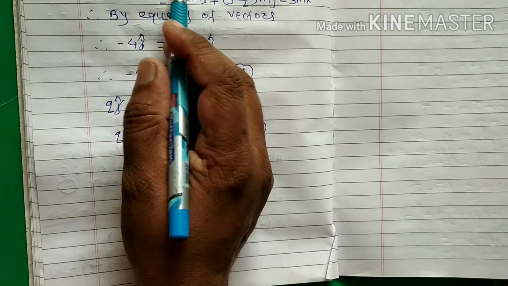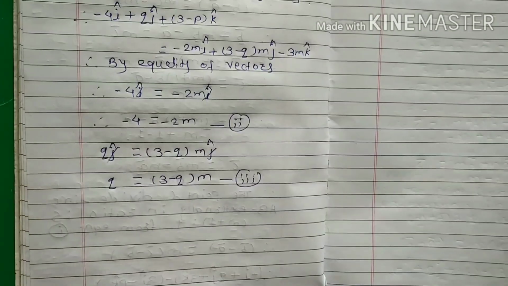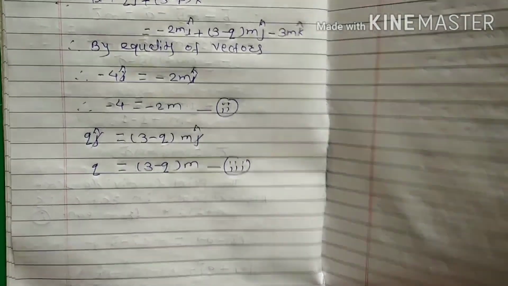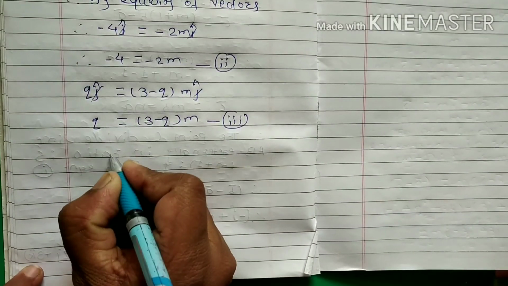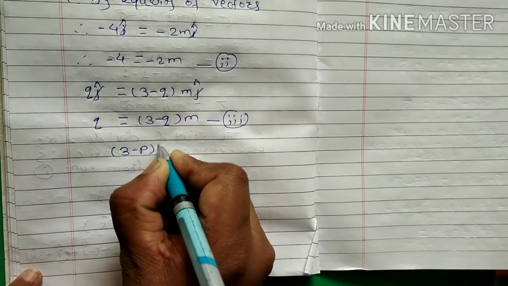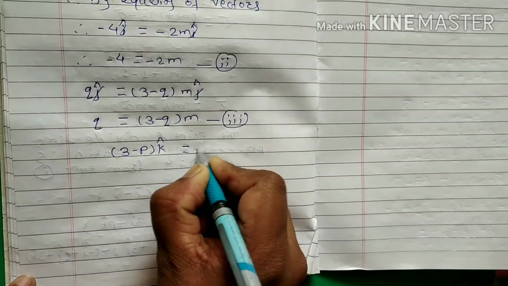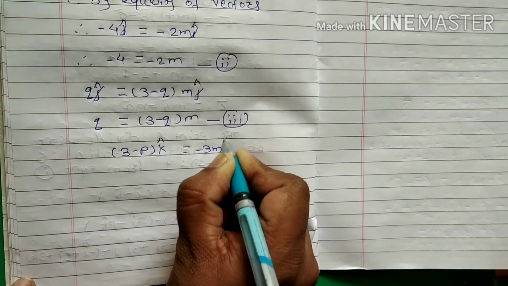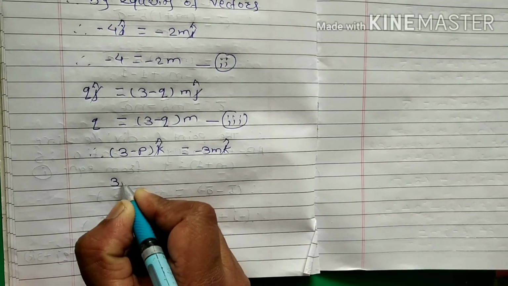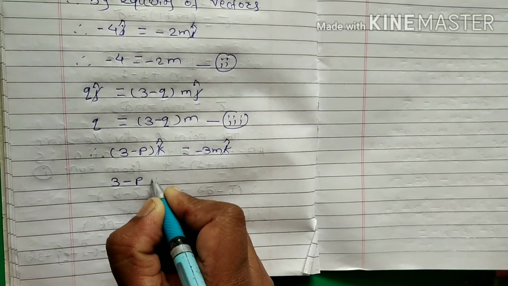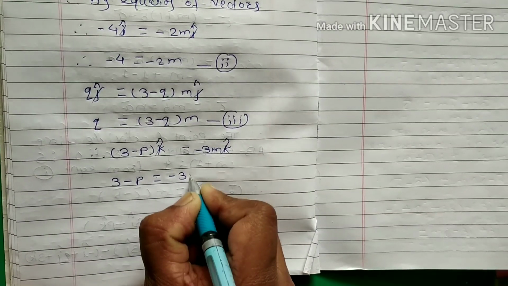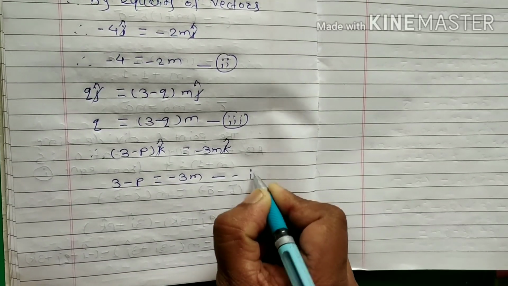Then last term, 3 minus p into k cap is equal to minus 3m k cap. K cap gets cancelled, and we get 3 minus p is equal to minus 3m. We will give equation number 4.